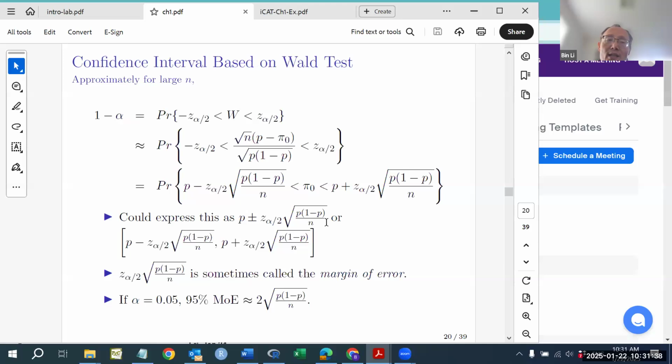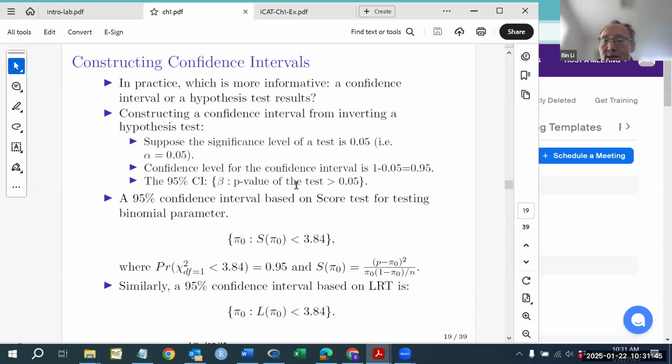I also explained the relationship between the confidence interval and the hypothesis test. We can also do the hypothesis test with the Wald test, the score test, and the likelihood ratio test. There is a direct connection between these two, right? We can construct a confidence interval through a hypothesis test, and we can use the confidence interval to do the hypothesis test, right?